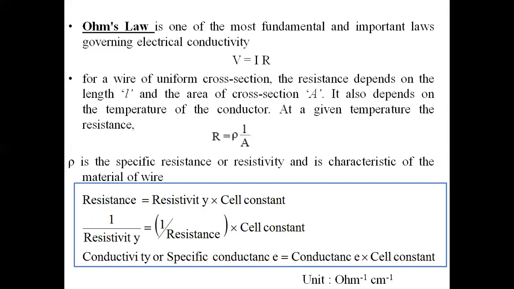That is conductivity or specific conductance, which is equal to the conductance, 1 by R, into cell constant. Conductivity or specific conductance is expressed in ohm raised to minus 1 per centimeter, and the cell constant, L by A, is in centimeter raised to minus 1.